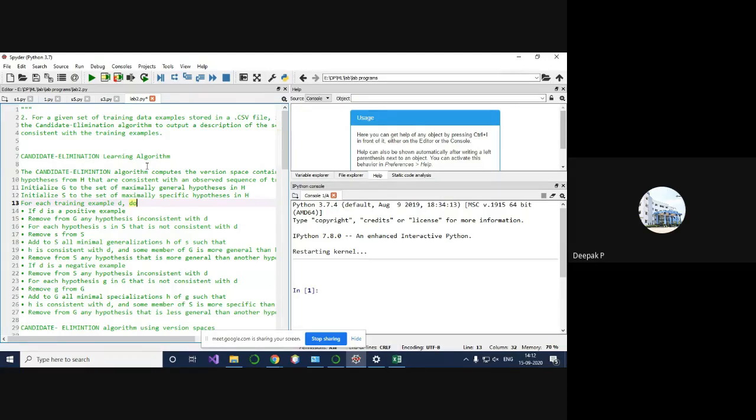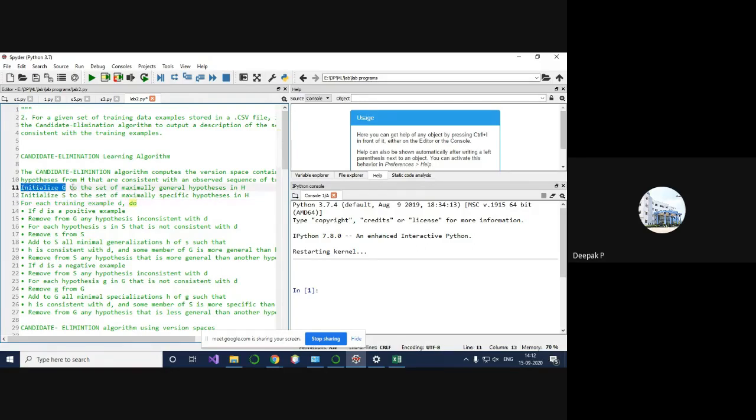Whereas in the candidate elimination algorithm, we are going to consider the negative training examples as input, but we are going to make that negative example a positive example based on some of the hypotheses that have been generated. So what is the first step?